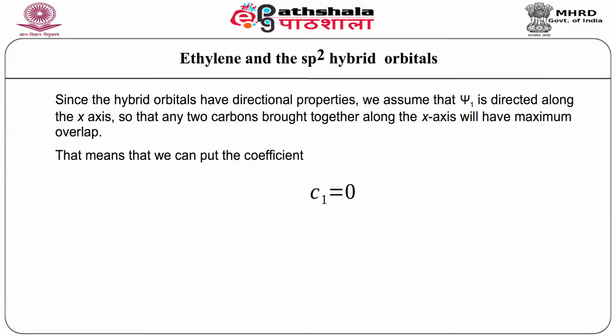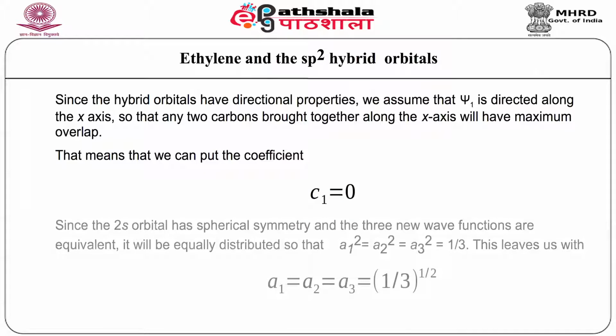Since the hybrid orbitals have directional properties, we assume that Ψ1 is directed along the x-axis so that any two carbons brought together along the x-axis will have maximum overlap. That means that we can put the coefficient C1 equals 0.